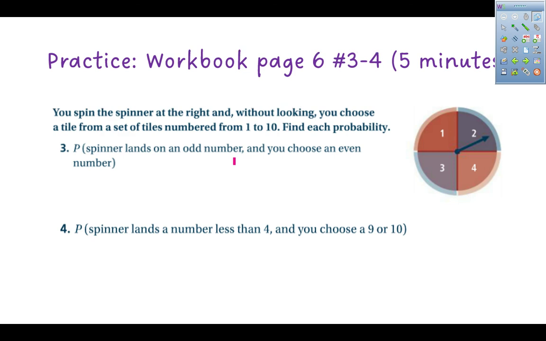Make sure you're reading, because it's not just the spinner you're looking at. It says you spin the spinner on the right, and also you're picking a tile from 1 to 10. So those are the two events, spinning the spinner and picking a number from 1 to 10.